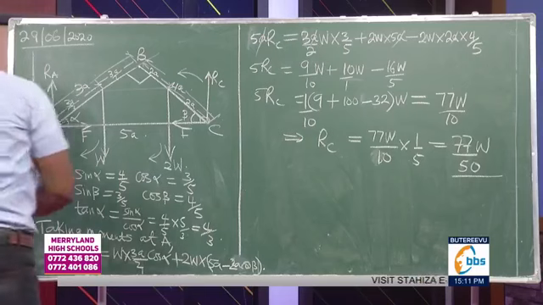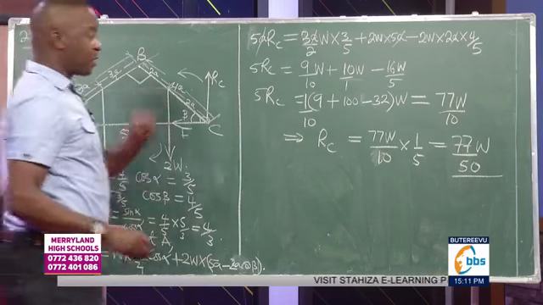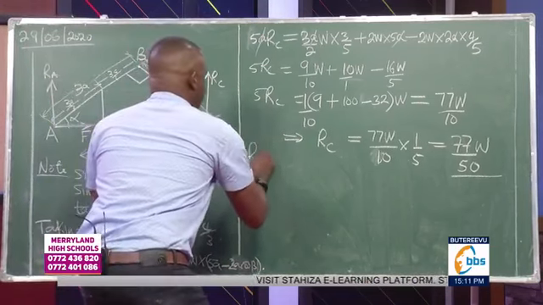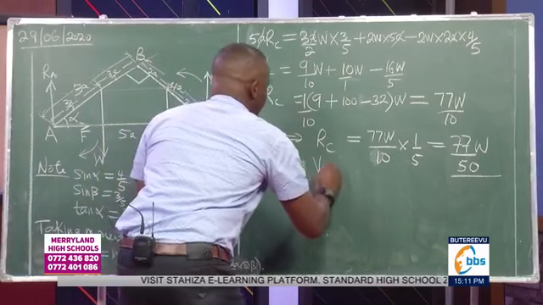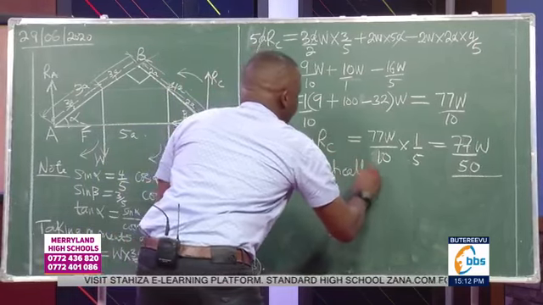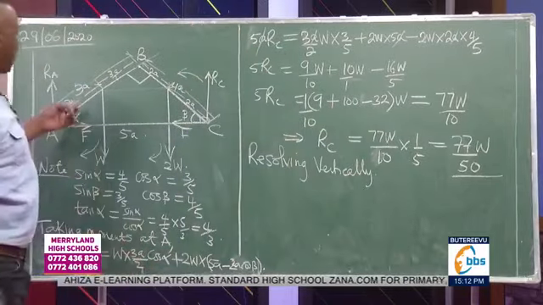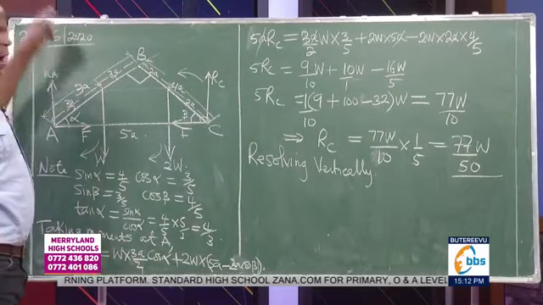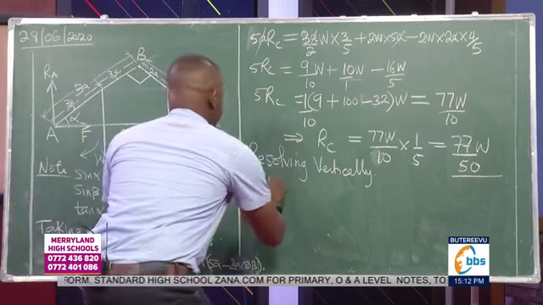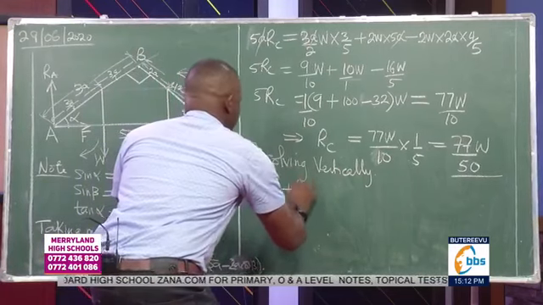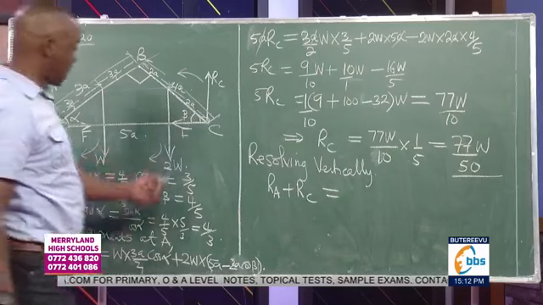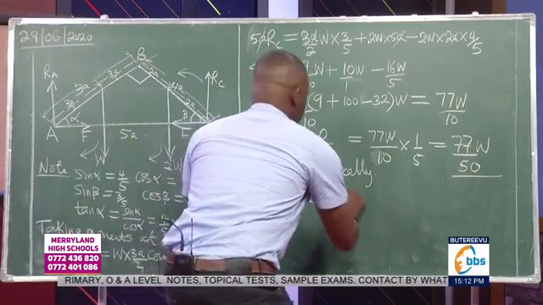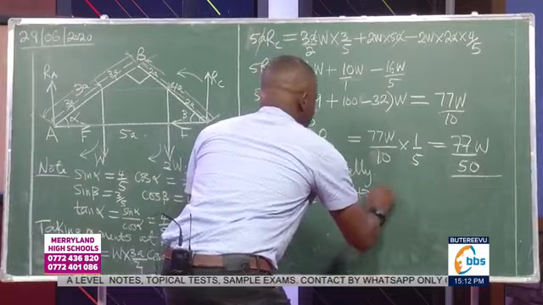Now, after getting that reaction, we shall resolve vertically. Resolving vertically on this very diagram, our upward forces, that is RA plus RC, in equilibrium should be equal to W plus 2W.